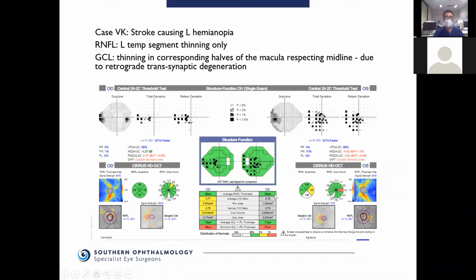But if you look at the ganglion cell layer thickness, there's actually corresponding thinning of the ganglion cell layer. This is temporal to fixation on the right and nasally on the left. So this is actually due to retrograde transsynaptic degeneration from the cortex, from the brain, all the way down the optic nerve to the ganglion cell.